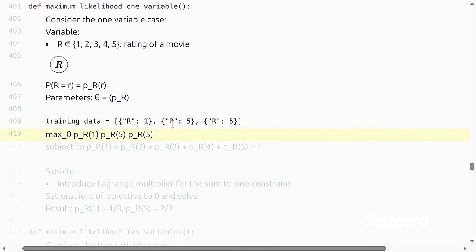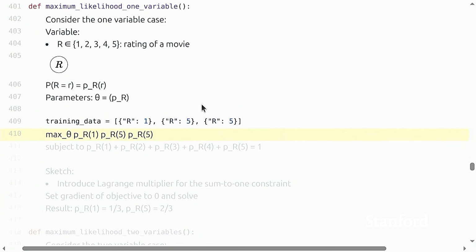Okay, so if you write down the maximum likelihood objective, it's probability of 1, probability of 5 times probability of 5. Okay? And theta here is going to be the probabilities of each of these ratings.